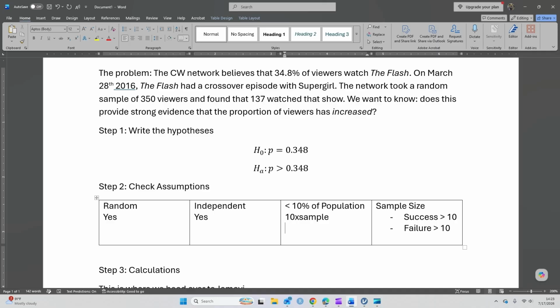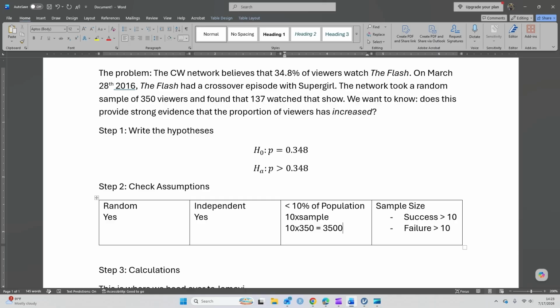And so if I multiply 350 by 10, I get 3,500, and there are certainly more than 3,500 people who watch a network show in prime time like The Flash.